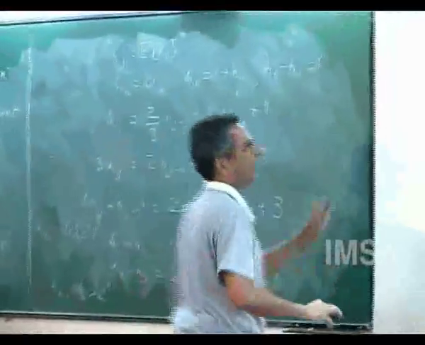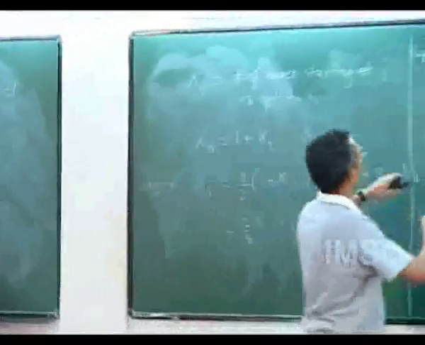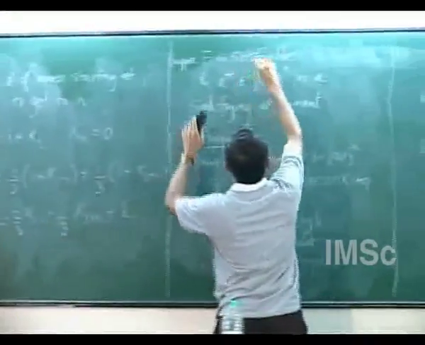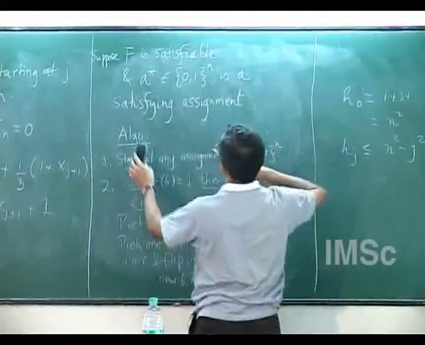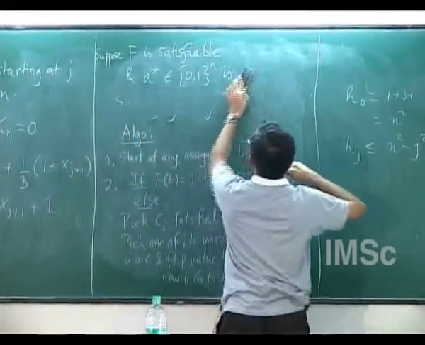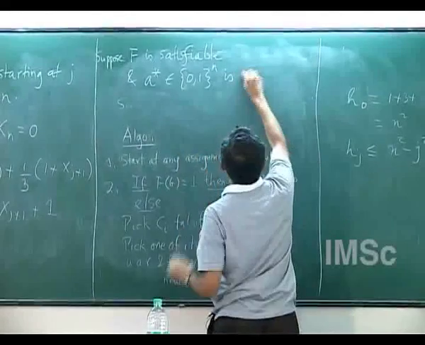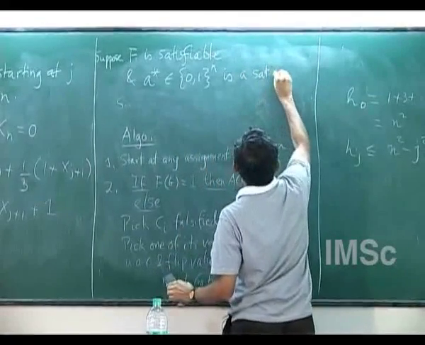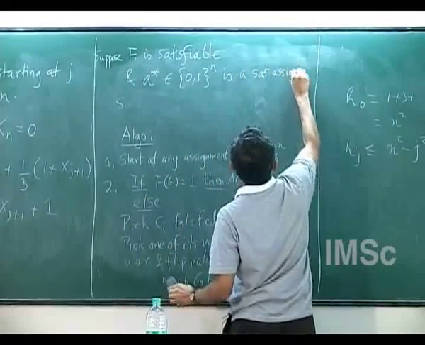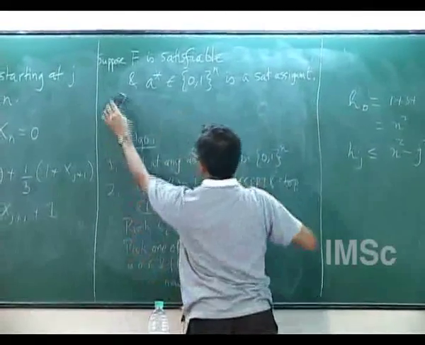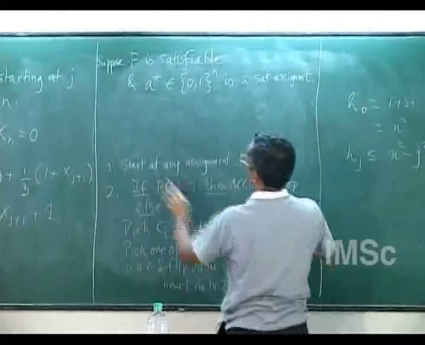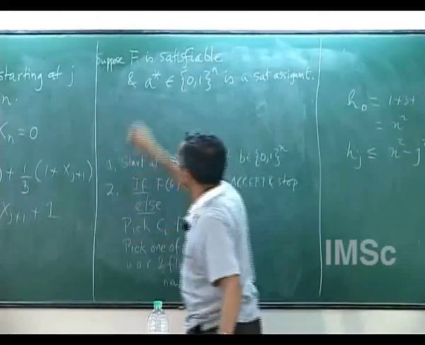So let me put down that algorithm here. F is a 3-CNF formula. Assume that it is satisfiable and A star is a satisfying assignment. So here is the algorithm.